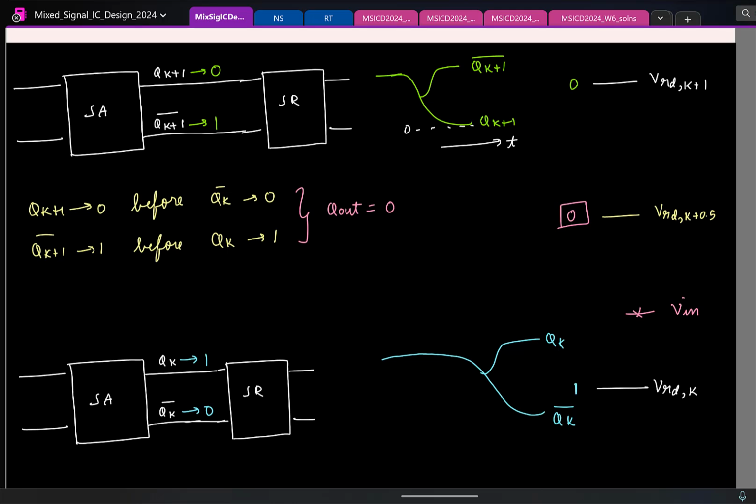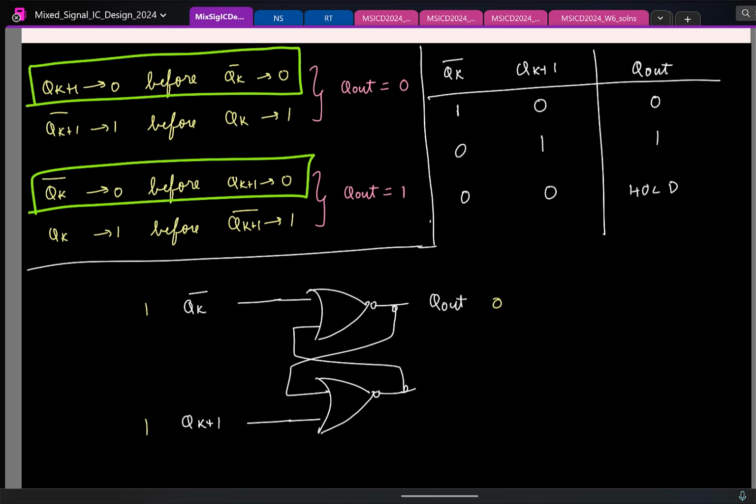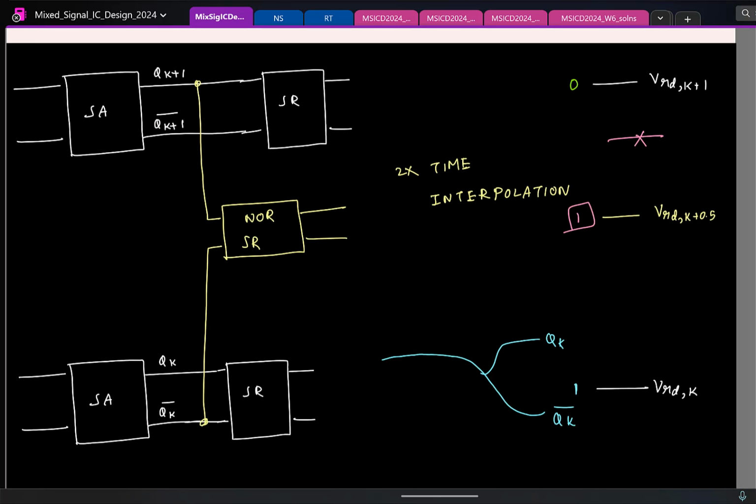So by looking at which of the two comparators finishes the decision first, we can get an extra bit of information as to whether the input is here or here, right? And we saw this time comparison can be done using a simple NOR based SR latch.